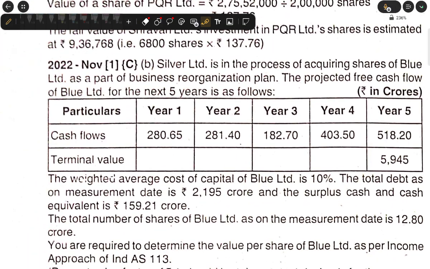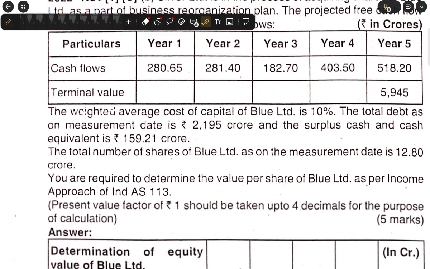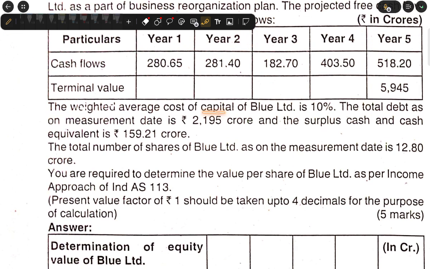Silver Limited is in the process of acquiring shares of Blue Limited. As part of the business reorganization plan, the projected free cash flows of Blue Limited for the next 5 years are 220 crores, 280 crores, 290, 192 and 140, with a terminal value of 5,900 crores. The weighted average cost of capital is 10%.